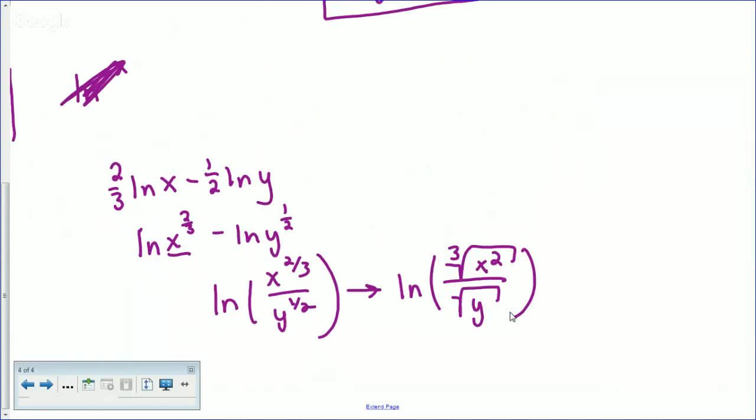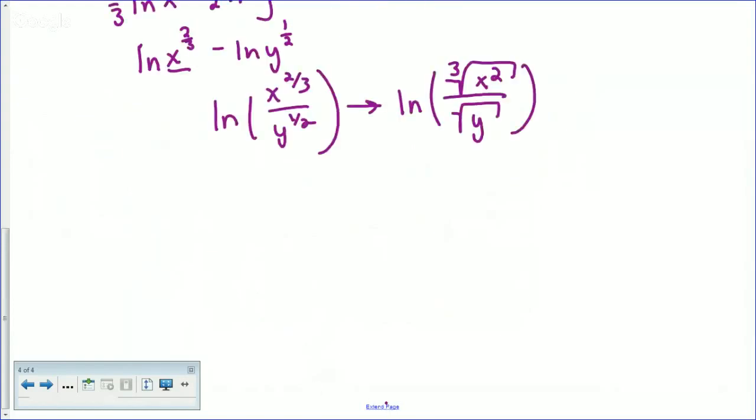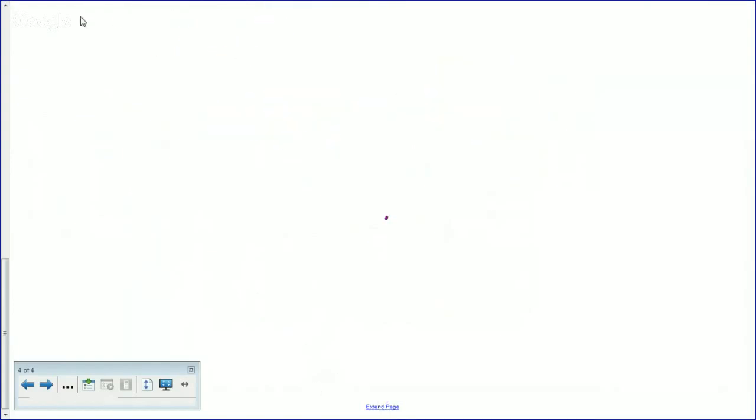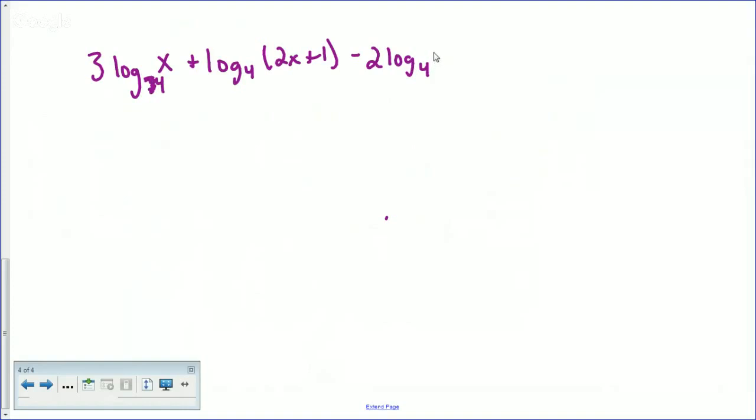Okay, let's try something a little bit longer here. So let's look at 3 log 3 of x plus log. Let's change this to a 4. Log 4 of 2x plus 1 minus 2 log 4 of 4.